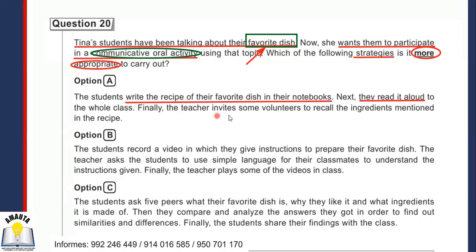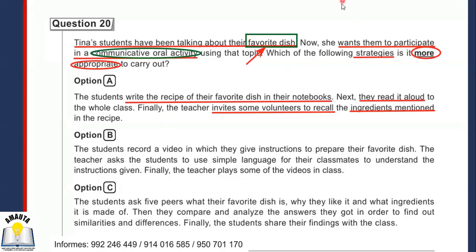Finally, the teacher invites some volunteers, some other students, to recall, to remember the ingredients mentioned in the recipe of the students that presented in the front.